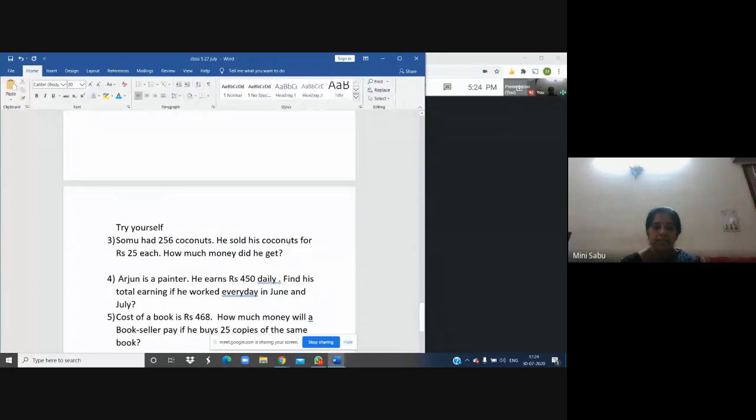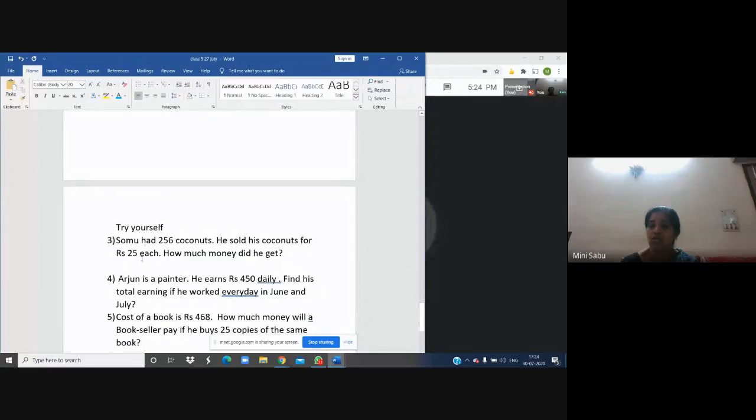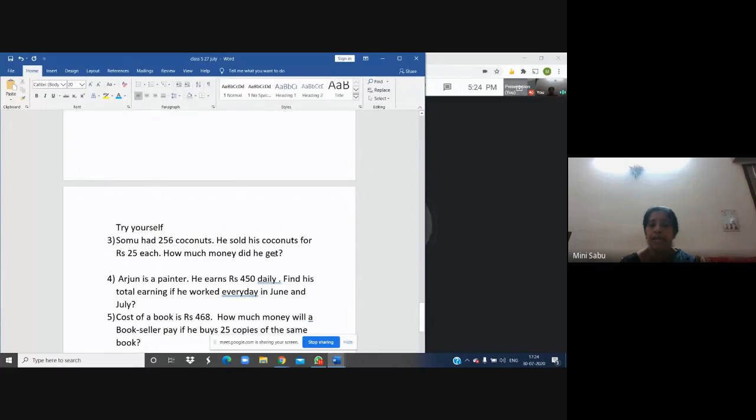How much money did he get? That means total number of coconuts, how many he had? 256. And he sold one coconut for 25 rupees. So cost of one coconut, rupees 25.